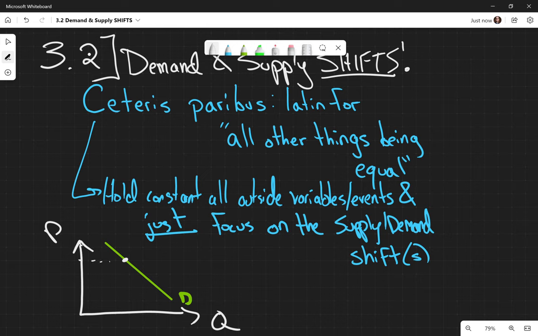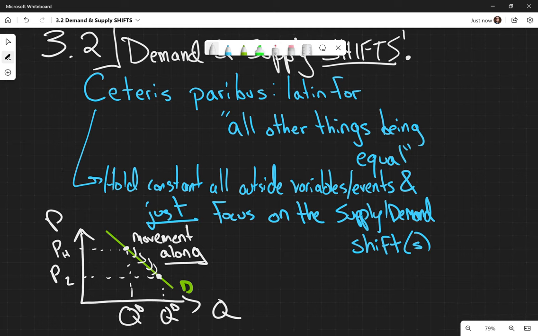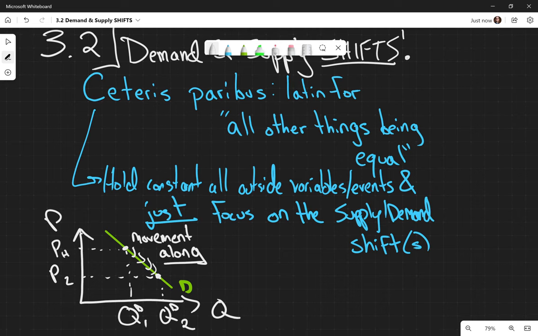If the price went from P high to P low, that would be a movement along my demand curve. And that would be a change in what our quantity demanded, not our demand. We would call this quantity demanded 1, quantity demanded 2, whatever the case may be.